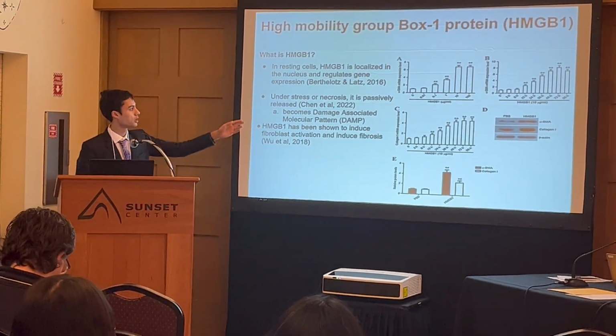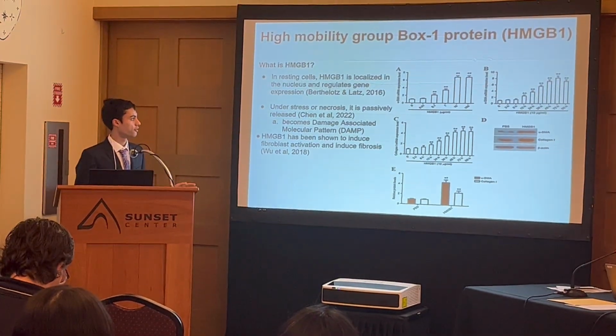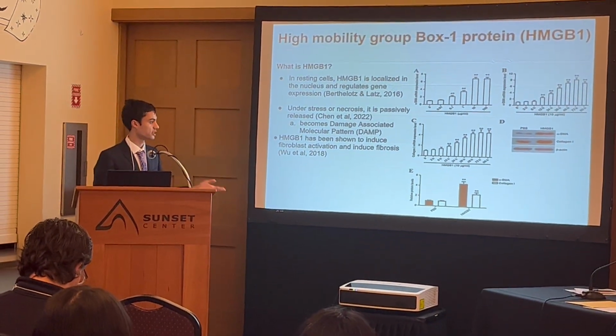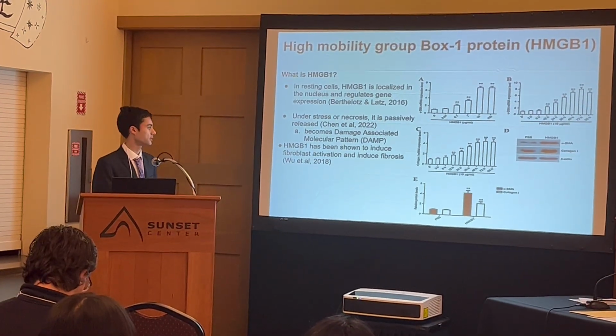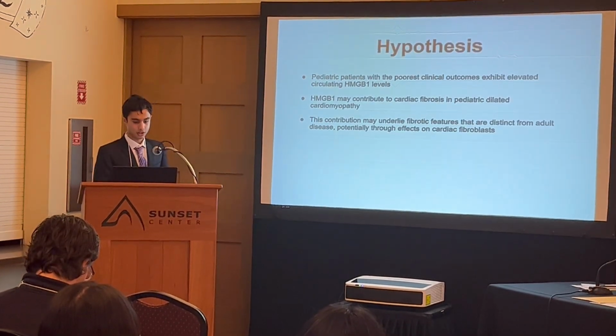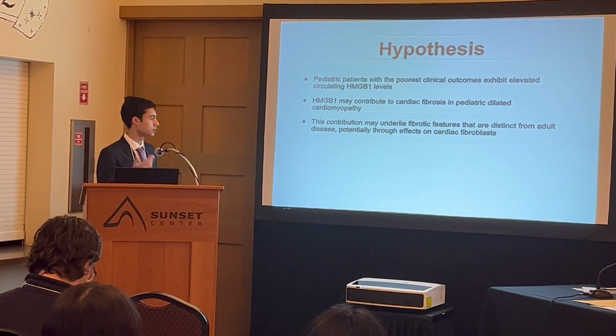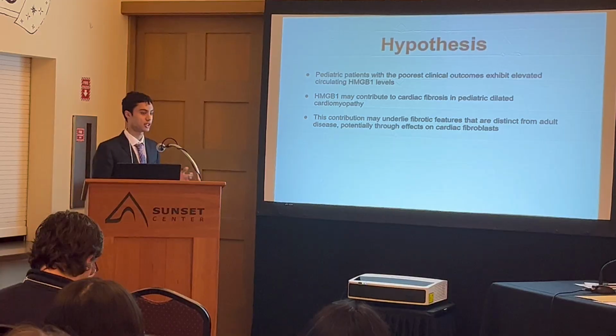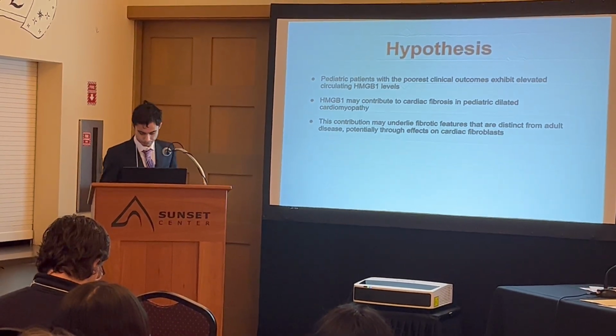As HMGB1 concentrations increase, fibrosis gene expression increases as well, according to existing literature. This suggests that HMGB1 could potentially induce fibrosis. So we hypothesized that elevated HMGB1 could contribute to pediatric DCM and, in general, pediatric heart failure.